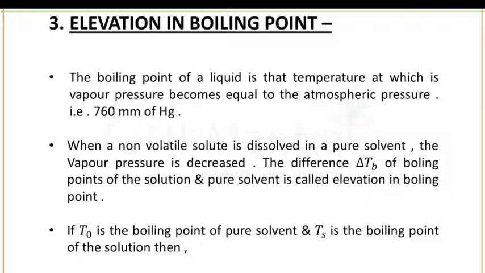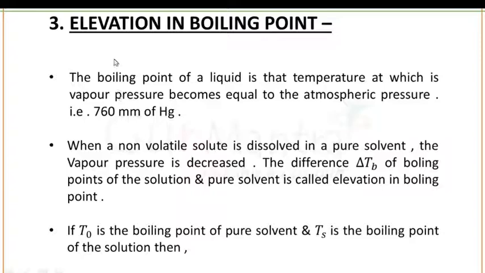And when a non-volatile solute is dissolved in a pure solvent, the vapor pressure decreases, and the difference of the boiling points of the solution and solvent, represented by delta Tb, is known as elevation in boiling point.